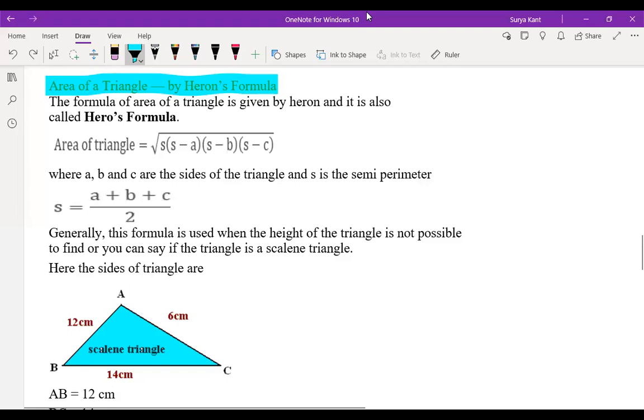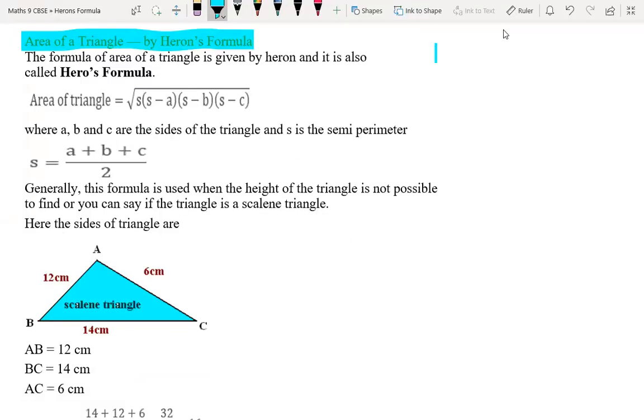A, B, C are sides, sir. Yeah, A, B, C are sides. So S, S minus A, S minus B, S minus C. And S is nothing but A plus B plus C divided by 2.